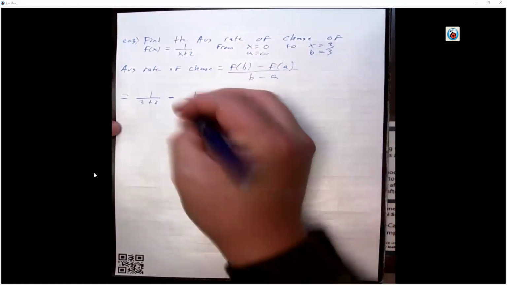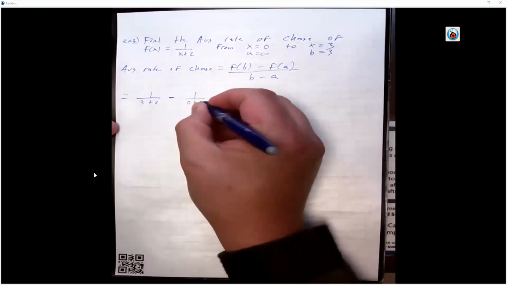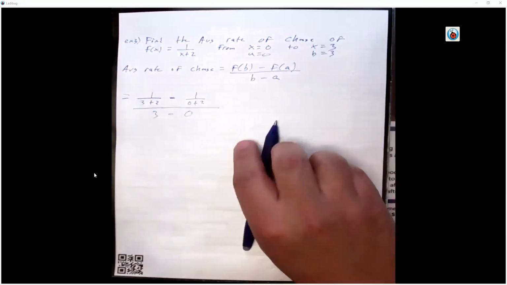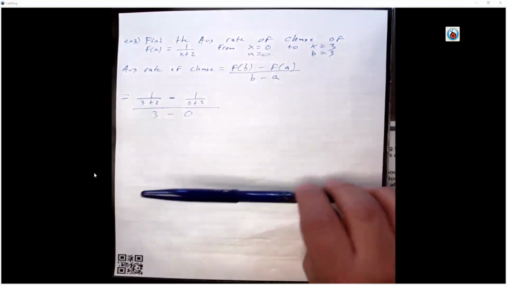Plug in the B first, minus the A. Just testing you guys. And then 3 minus 0, B minus A. You guys still with me to this point?